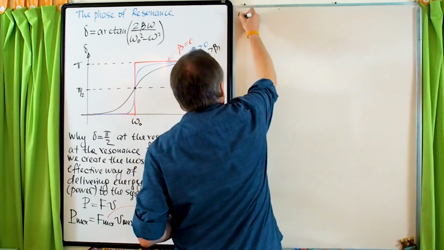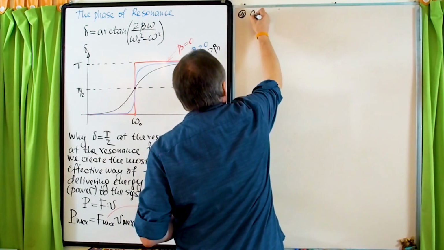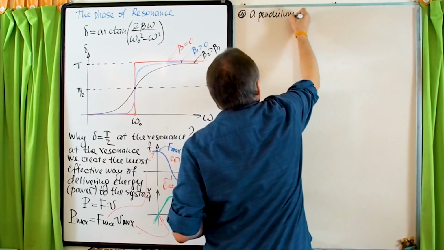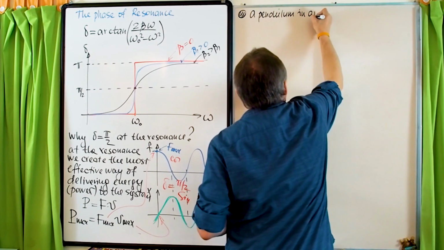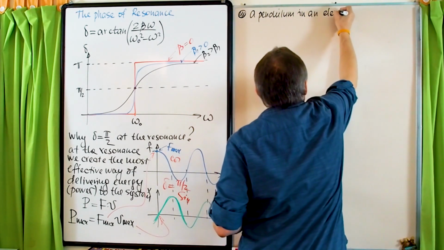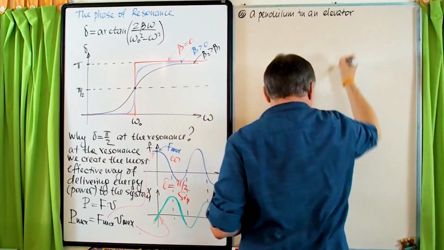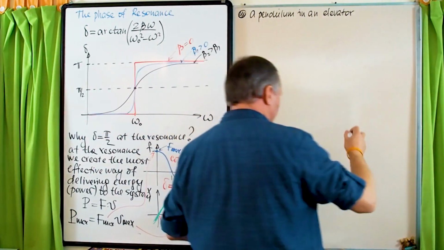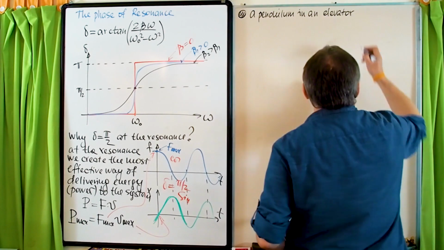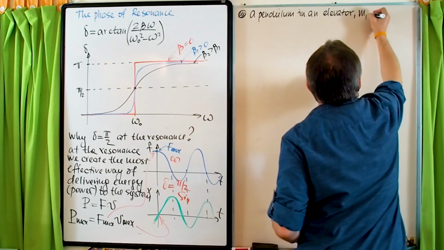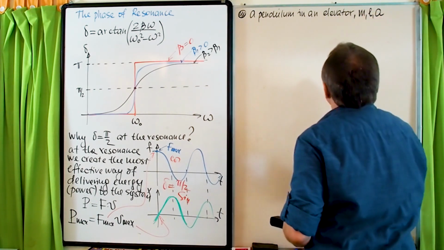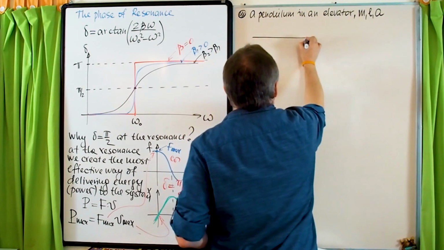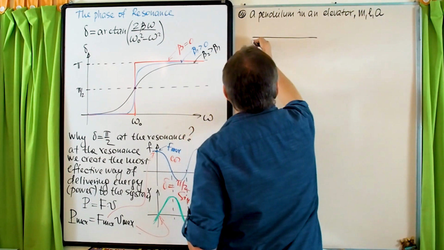Okay, so a pendulum in an elevator. Right. So the acceleration is given, L is given, right? Mass, yeah, we can add mass. M, L, a are given, all right? So let me draw the elevator first. Okay, let me make it bigger.